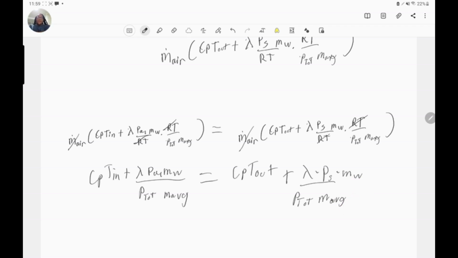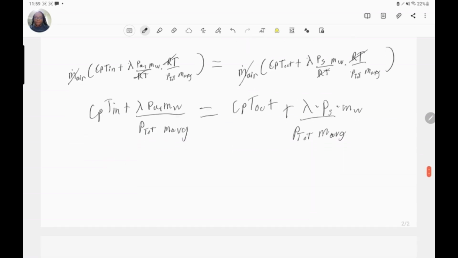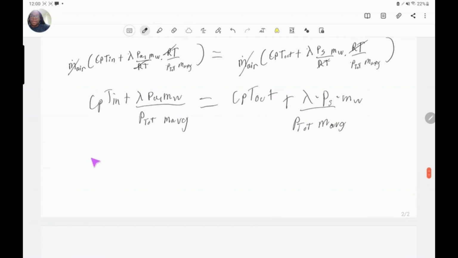All right, and so we're going to clean these up a little bit and get everything on one side. We have our lambda, molecular weight of water over our average molecular weight, times our PA minus our PS.